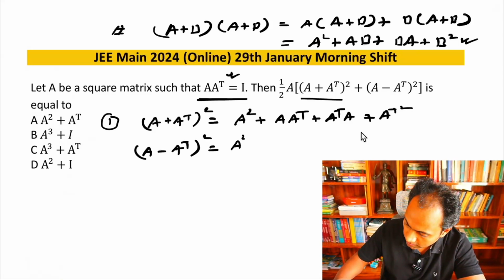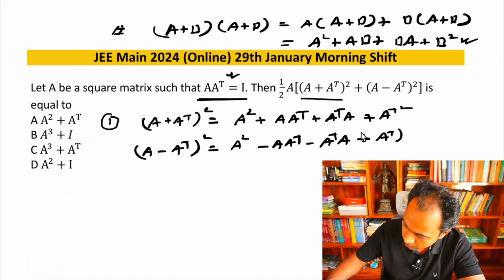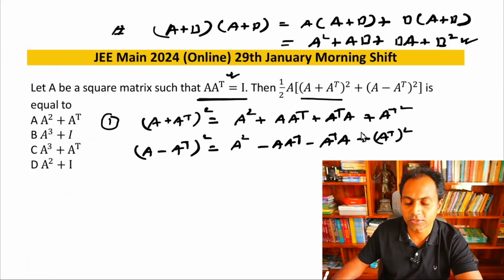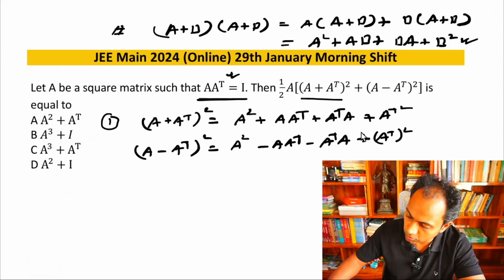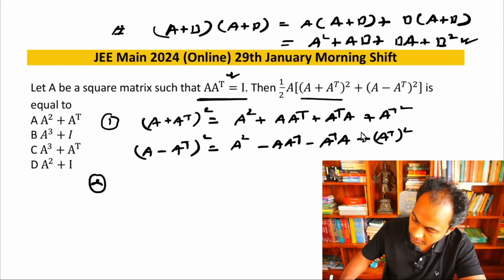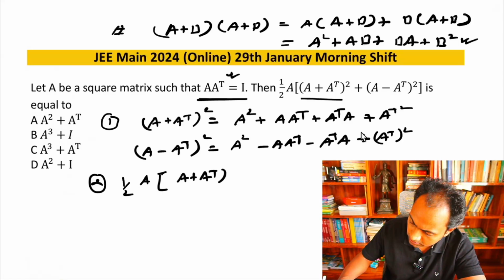This is going to become A square minus A A transpose minus A transpose A plus A transpose whole square. So you can see that after this process, if I add both of them as it is being done in this bracket, in the next step, I write half of (A plus A transpose) whole square plus (A minus A transpose) whole square.